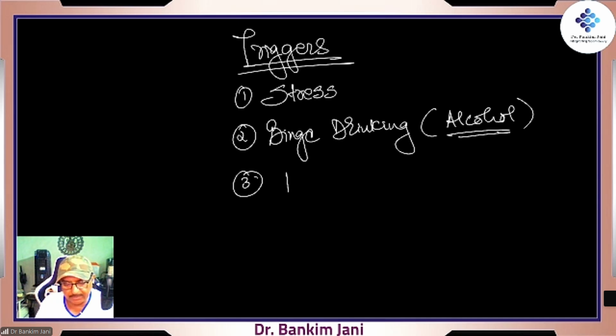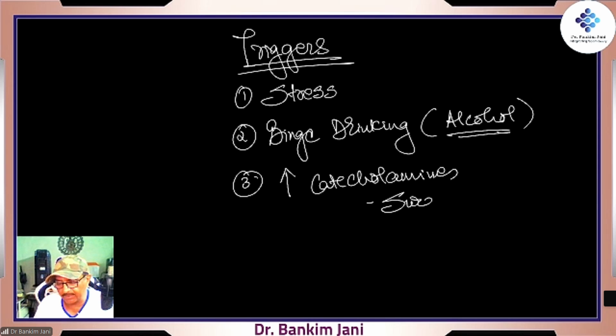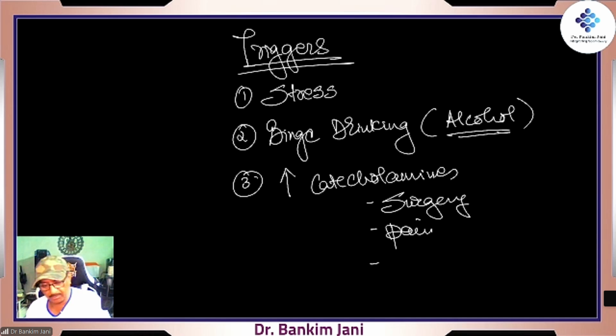In any condition in which there is increased adrenaline, catecholamines, whether it is any sort of surgery, big pain, some injury, or any sort of infection, or an emotional surge, they can develop atrial fibrillation.